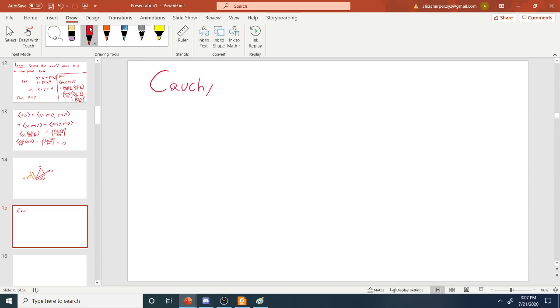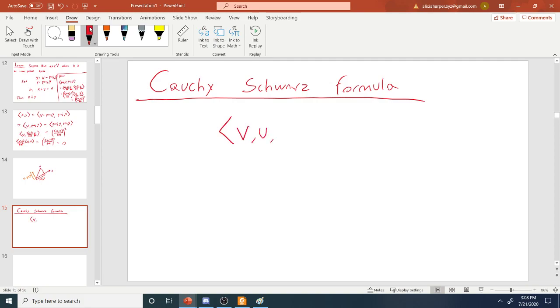So this will be the Cauchy-Schwarz formula. So here's how this goes. The formula states that the inner product of v with u divided by the norm of v times the norm of u is greater than or equal to -1 and less than or equal to 1.